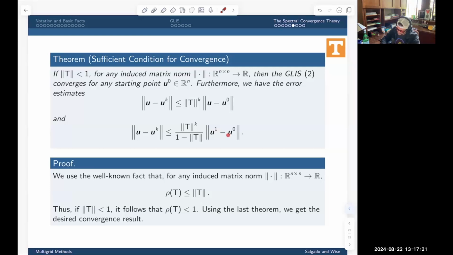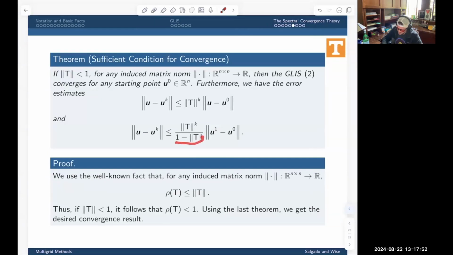Between the 0th iterate and the first iterate, not the errors. So this isn't really what we call the error. It's not the error, but it's an approximation of the error, and it turns out to be a pretty good approximation. If I measure the difference between two iterates, that can give me a good handle on what the error is doing. So it's the difference between the first two computed iterates times this thing.